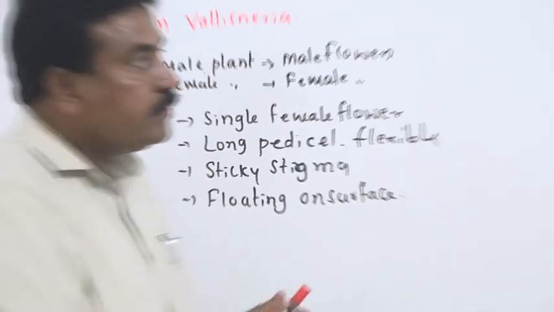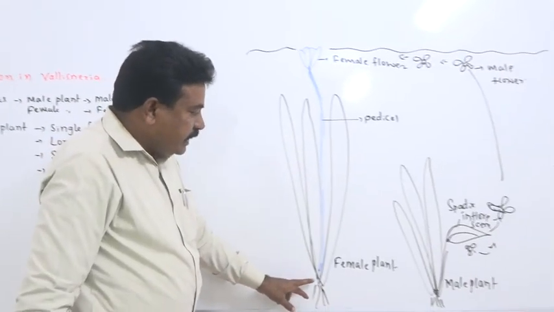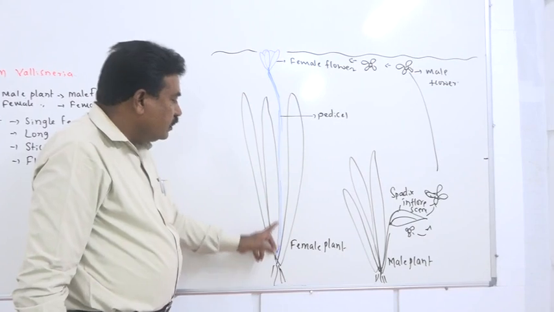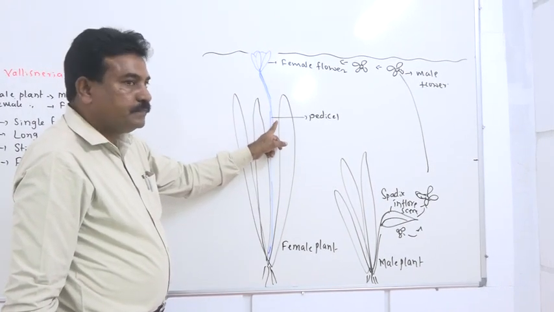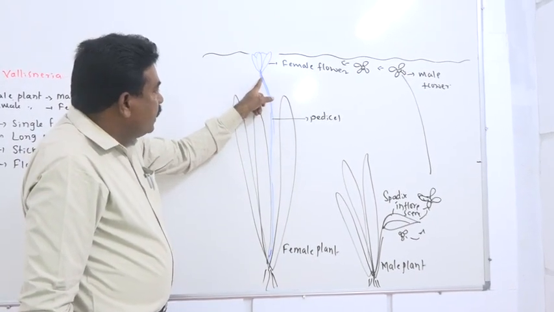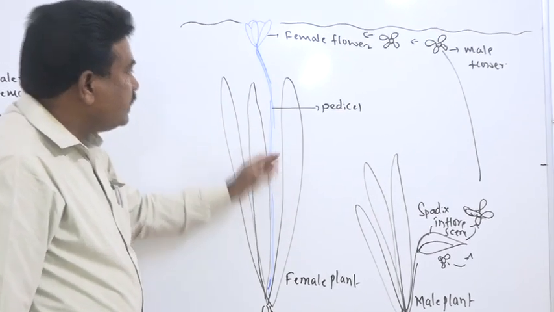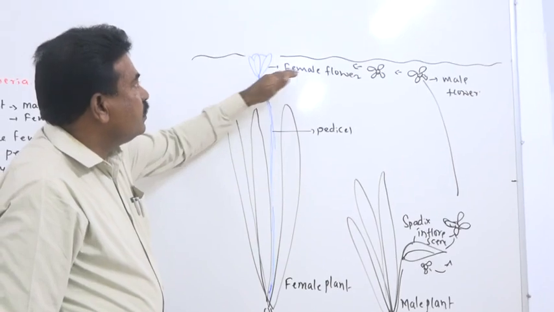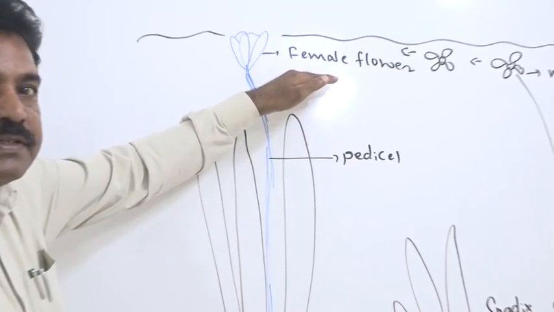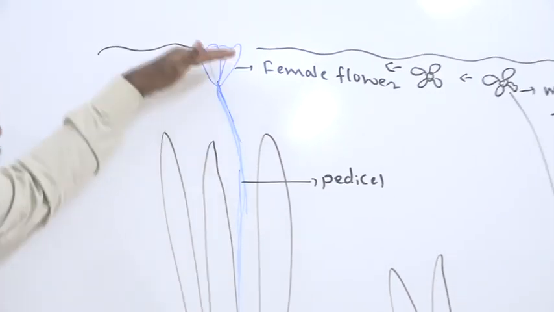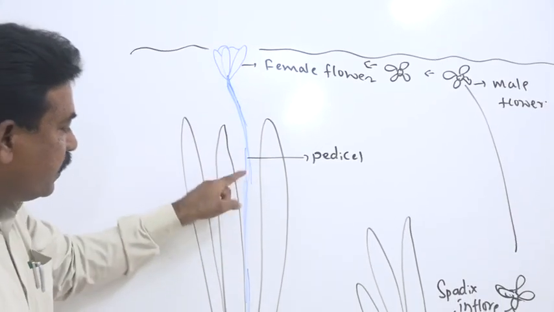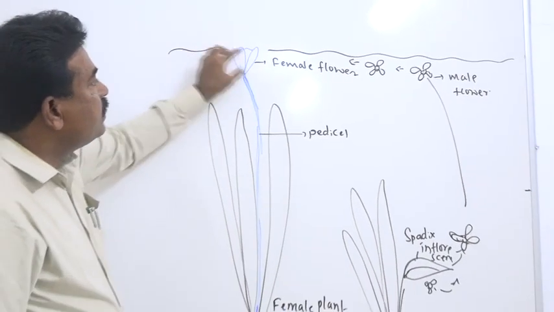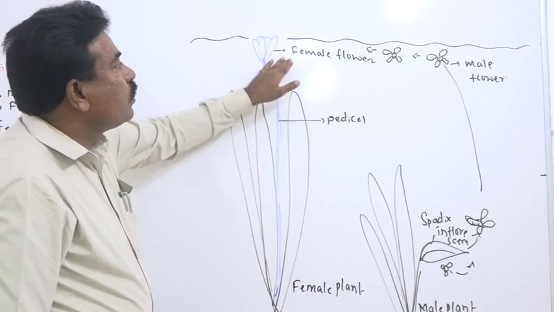Therefore, when you see this diagram, it's a female plant having a long pedicel, and that pedicel is flexible. As a result, according to water level, the female flower always floats on the surface of the water. If water level decreases, this pedicel coils and the female flower floats on the surface.